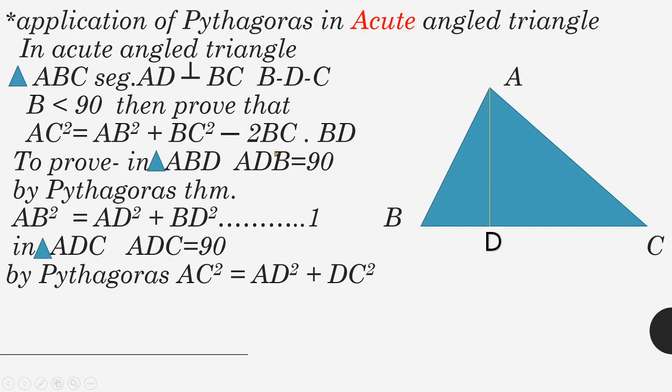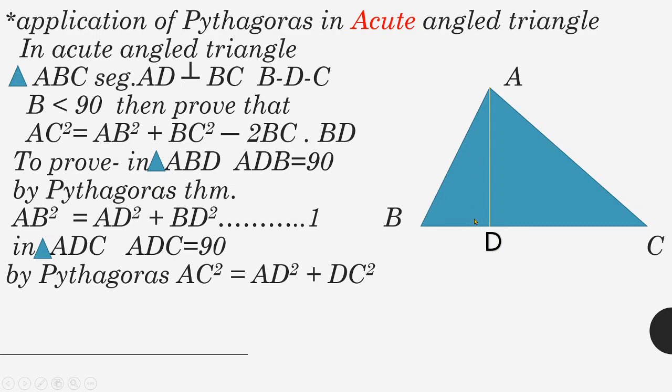To prove this, we can see in triangle ABD, angle ADB is 90 degrees. So in triangle ABD, B is an acute angle and D is 90 degrees, so this is a right angle triangle.